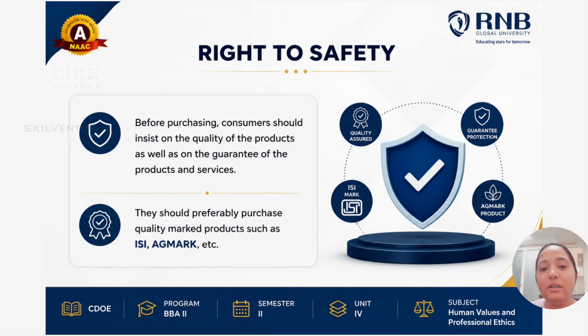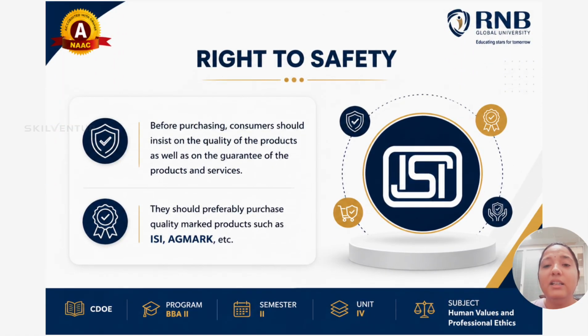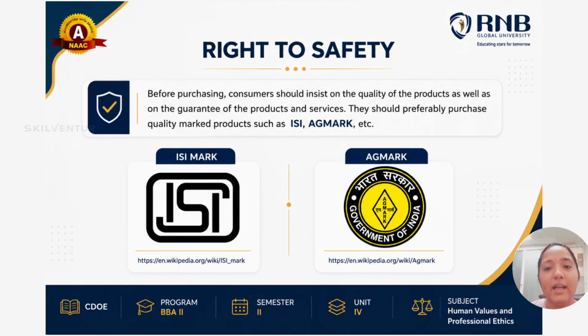For example, the ISI mark. This is the ISI mark. It is used for industrial products, and it assures that products meet safety standards. Similarly, this is the AG mark. It is used for agricultural products, and it ensures quality and purity.